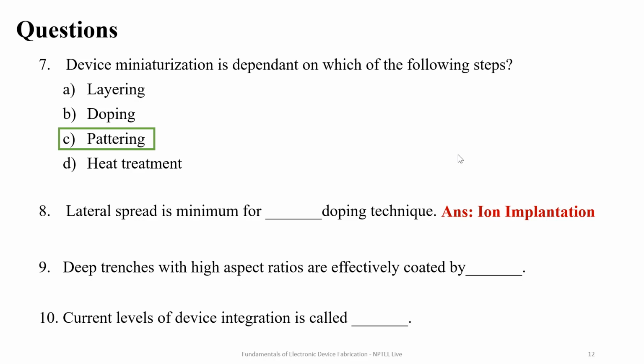Yes. Yeah. So next is, deep trenches with high aspect ratios are effectively coated by dash. So deep trenches with a high aspect ratio means that the circuit or the pattern on top of the wafer that we are creating using the oxide layer will have a much greater depth compared to its breadth, or its aspect ratio will be very high. That is, one dimension will be much different compared to the other dimension.